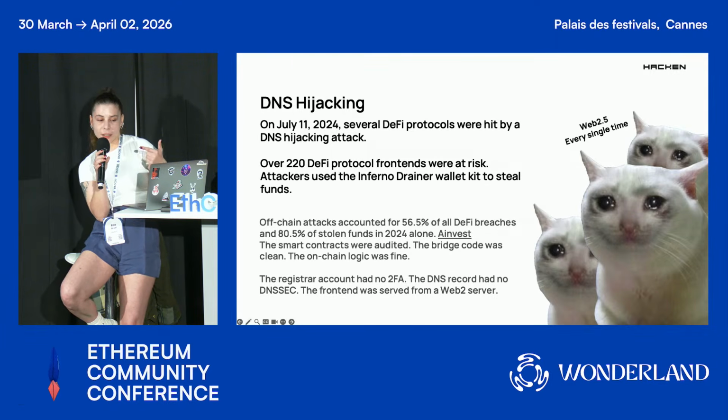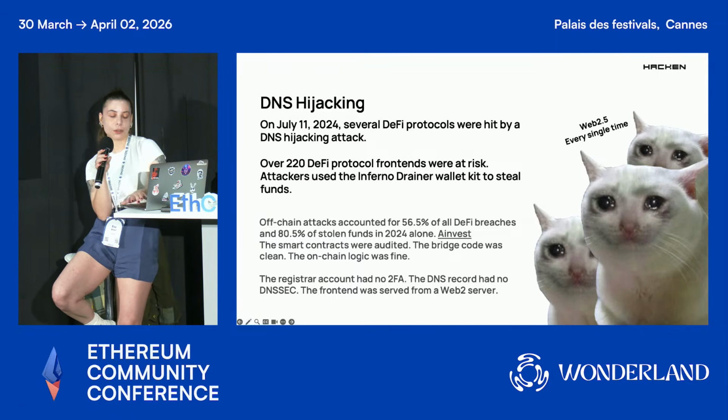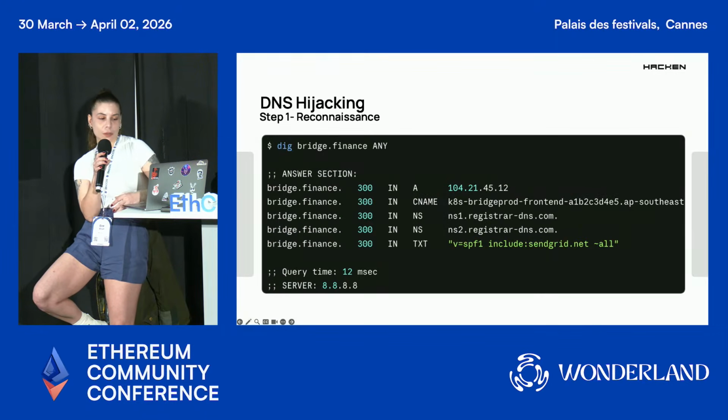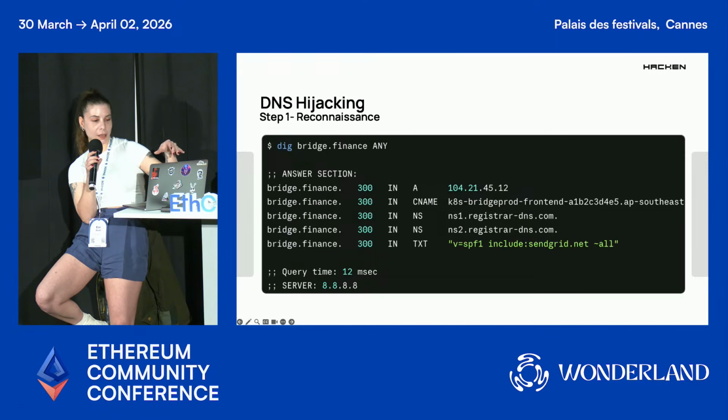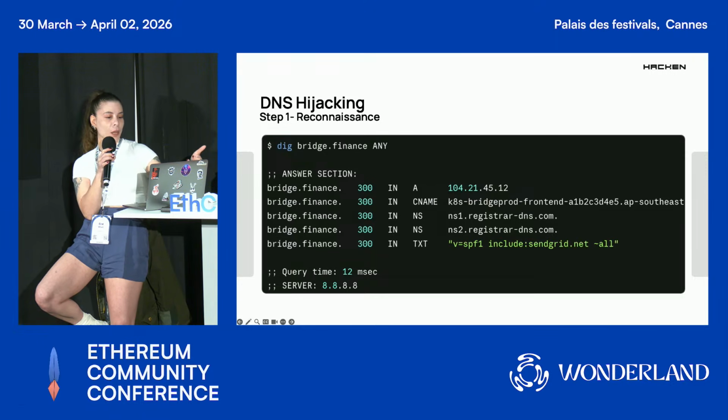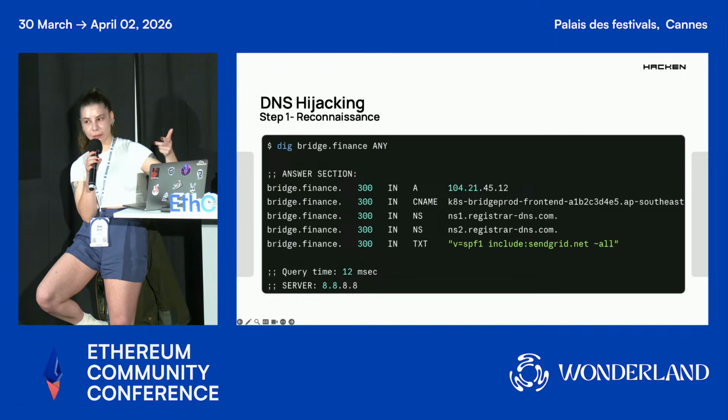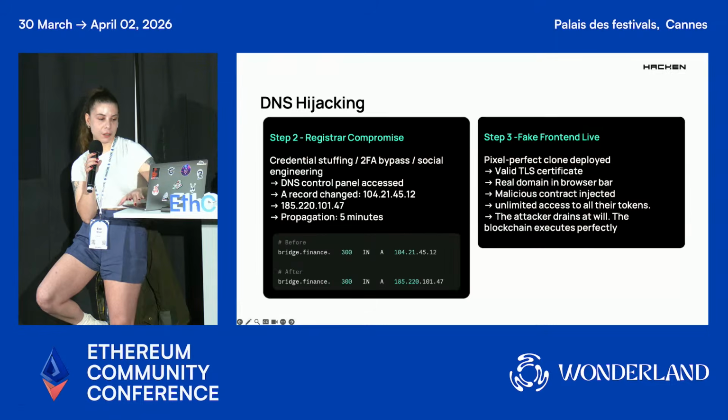However, the attackers came from the off-chain side. The domain registrar account had no two-factor authentication. So the attackers run a simple DNS lookup command, and with one command, they are able to observe the provider, region, namespace, registrar, and there's no DNSSEC in here.